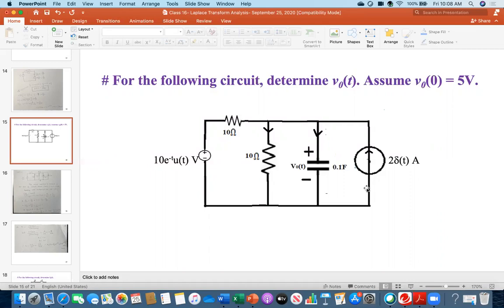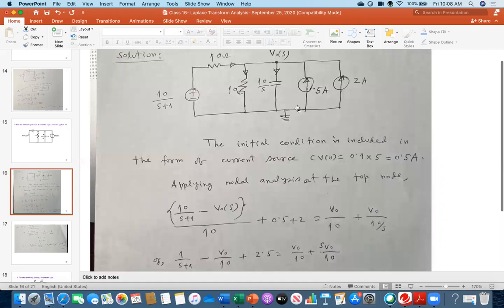So what is Laplace doing? Once I construct the circuit in that way, it inherently takes into account your initial condition. Everybody, do you understand what I am saying? Yes.